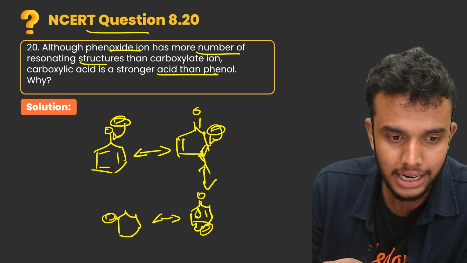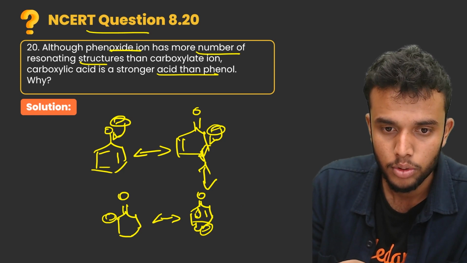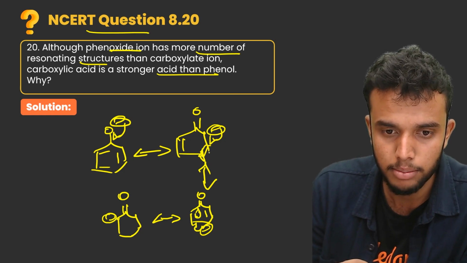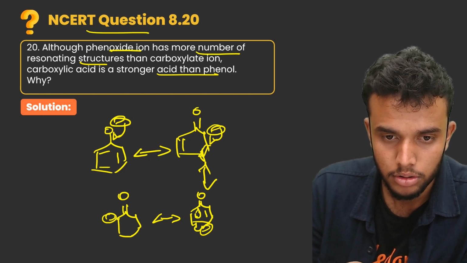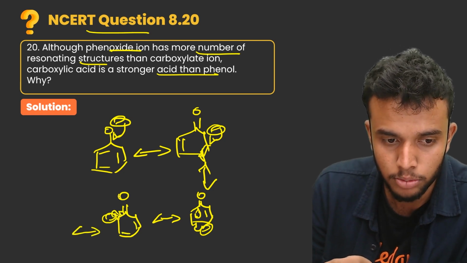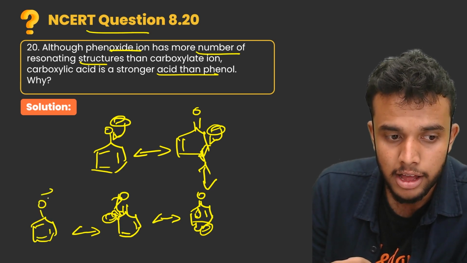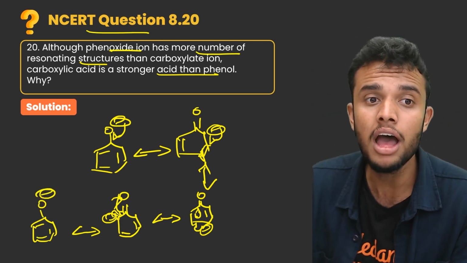It forms a minus charge here, double bond O here. Next, the last possible structure, this bond is moved, and the last structure. These are the possible resonating structures of the phenoxide ion.